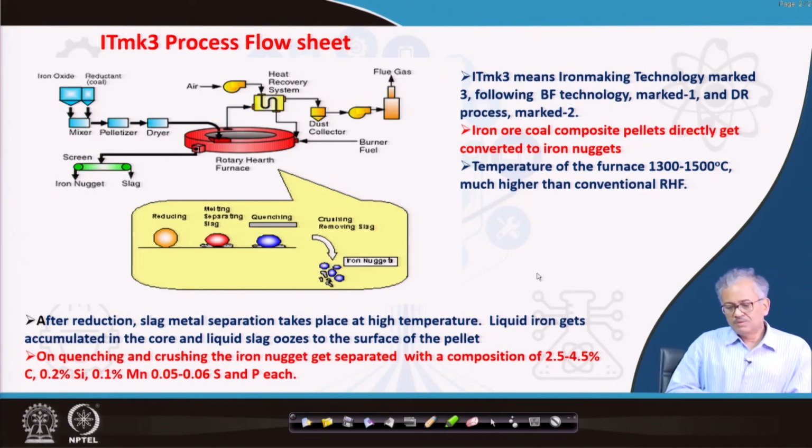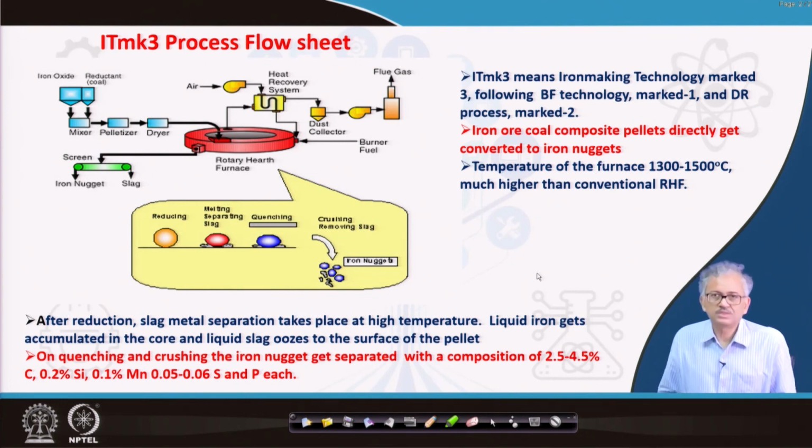It has the typical composition of 2.5 to 4.5% carbon, 2% silicon, 0.1% manganese, 0.05 to 0.06% sulfur, and it is phosphorus rich. This is a very promising technology, and it has a pilot scale plant in Kobe, USA.